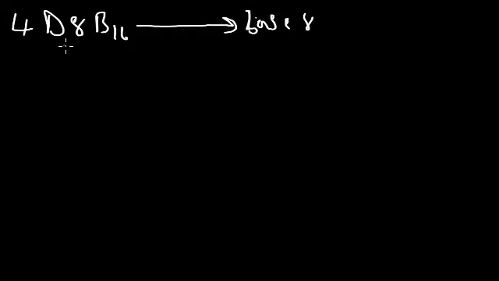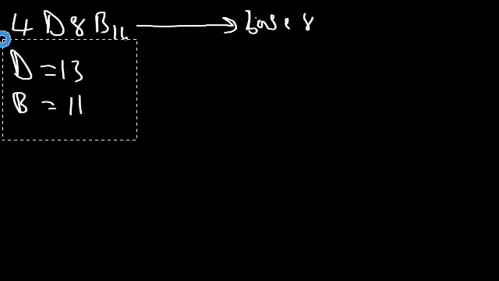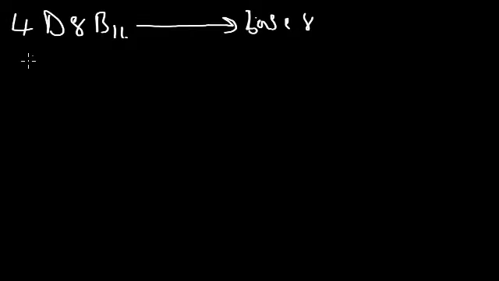You can also check out my video on converting binary to hexadecimal, or my introduction to number bases, where I explain how those letters work. D corresponds to 13 and B corresponds to 11. So I have 4, 13, 8, 11 in the system.